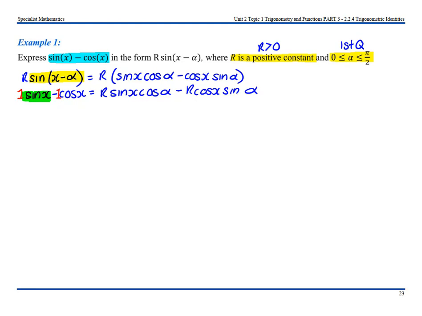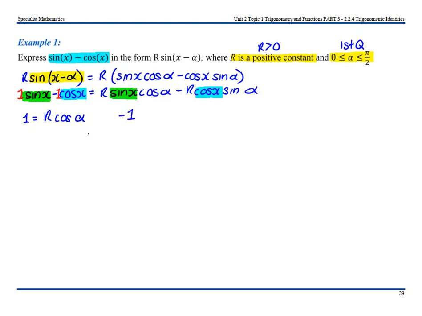So equating our sine, on the left-hand side, we have 1 equals, and on the right-hand side, I have r cos of alpha. Now equating our cos coefficients. On the left-hand side, I have -1.